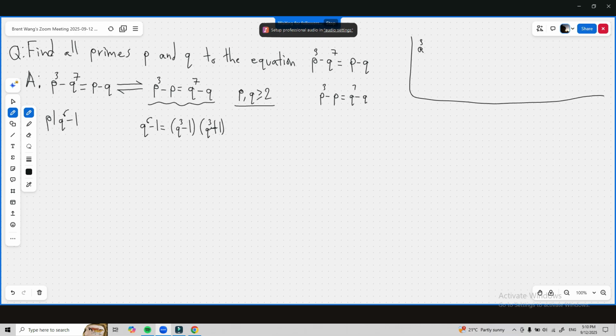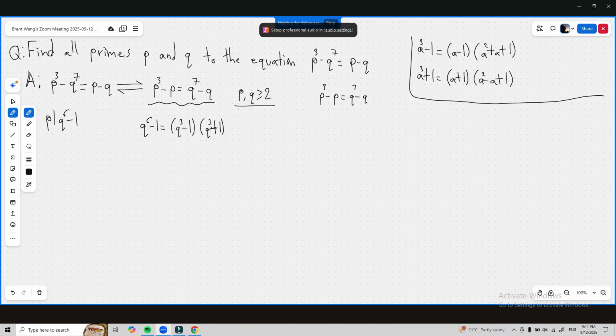A cubed minus 1, where A is any kind of number, is equal to A minus 1 times A squared plus A plus 1. And A cubed plus 1 is equal to A plus 1 times A squared minus A plus 1.